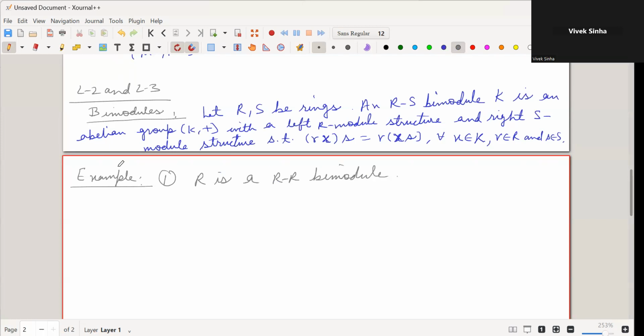So you have the left module structure with respect to R, and you have the right module structure also with respect to R, and that's why any ring R is an RR bimodule. The left module structure you can simply give like that. It's very trivial.